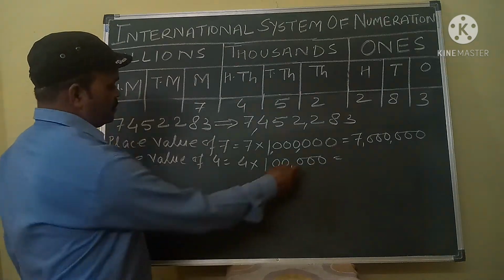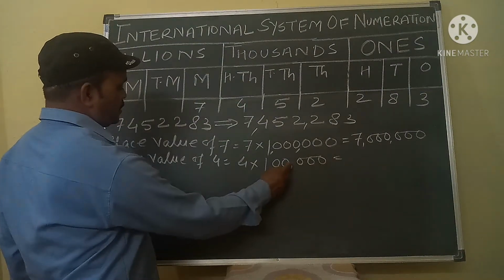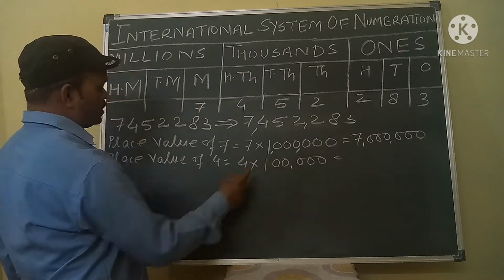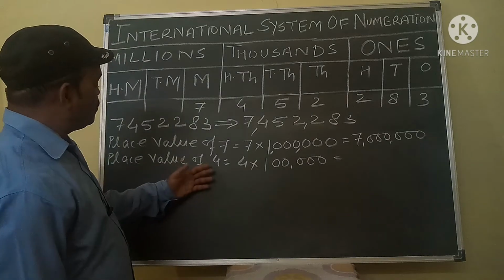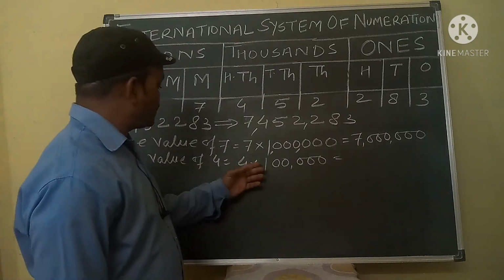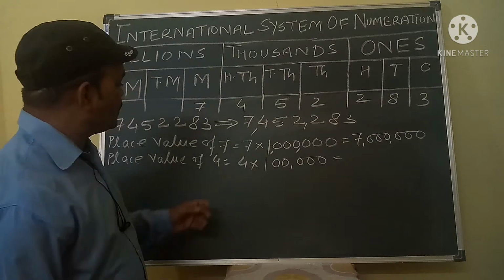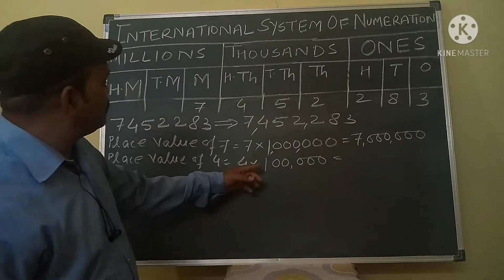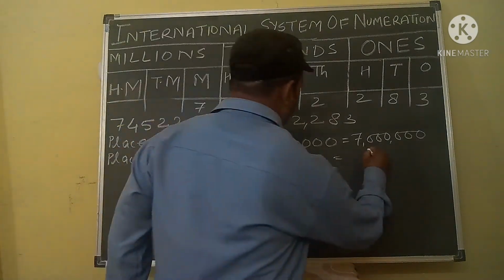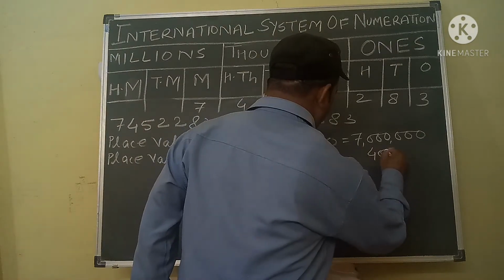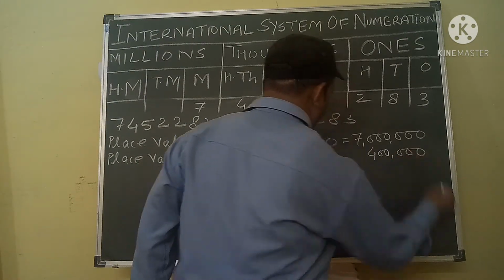Now look here. Ones, tens, hundreds, thousands, 10,000, 100,000. Place value of 4 will be 4 into 100,000. It will give you 400,000. Okay.